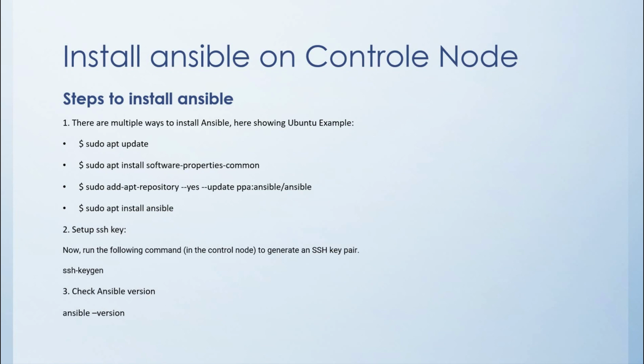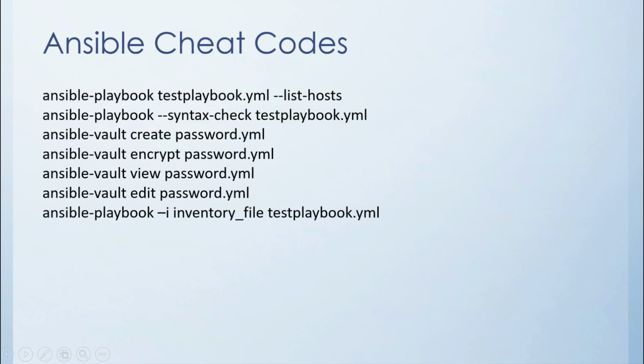Okay, guys. So let's move on to the cheat codes of Ansible, some handy commands which you should know. First: ansible-playbook, then the playbook name, then --list-hosts. What will this command do? It will execute a dry run of your Ansible playbook. It will not actually execute your playbook.